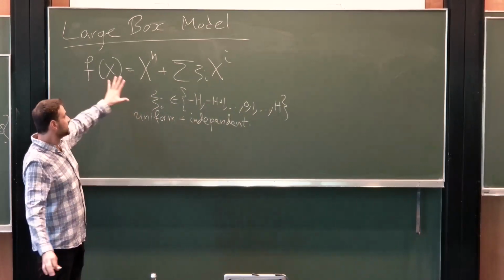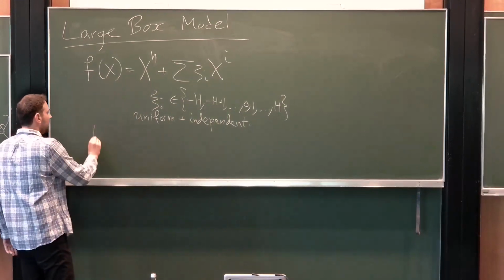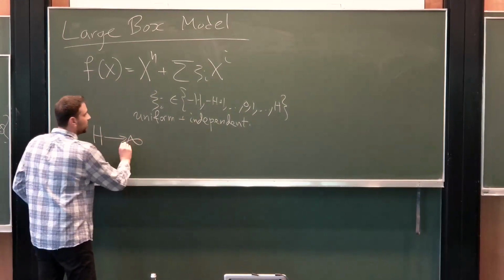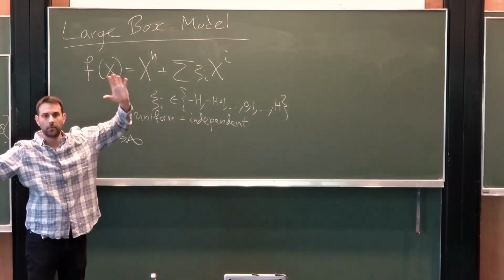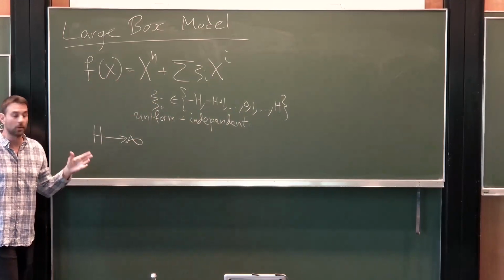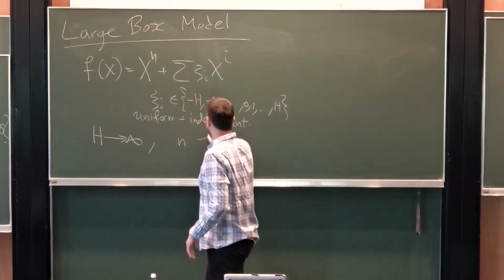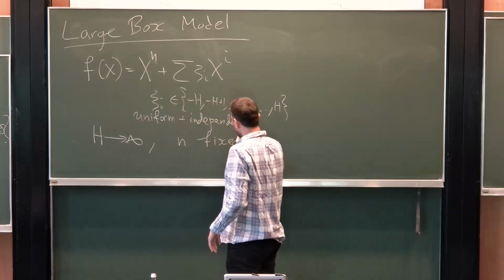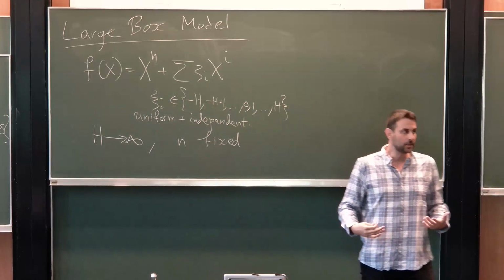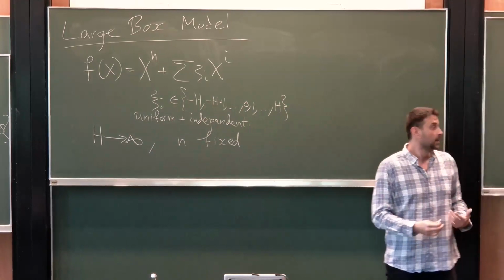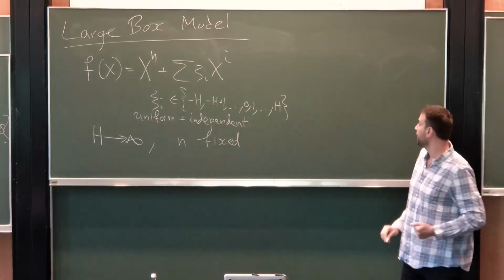So this is the model, and the important thing, as Ron just said, is that h will go to infinity in this model. So you see, I choose it from, if you think about the coefficients, a box. And what does it mean that it's a large box? It means that the size of the box is much larger than n. I will actually discuss a little bit what it means, much larger, but for the first approximation, let's say that n is fixed.